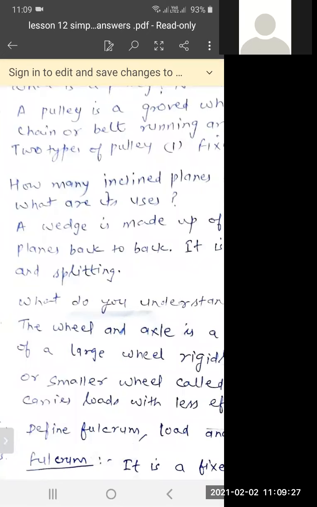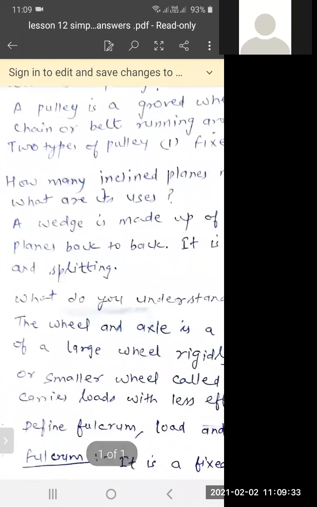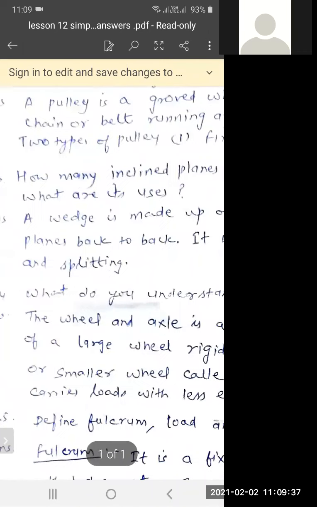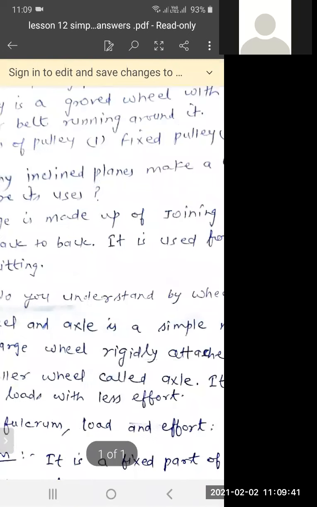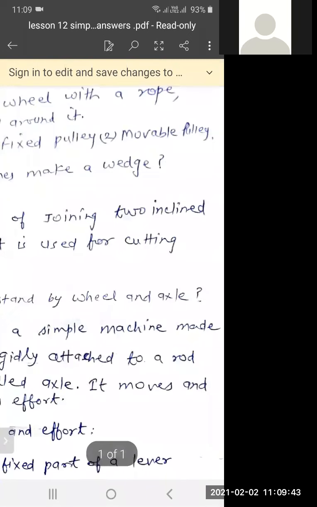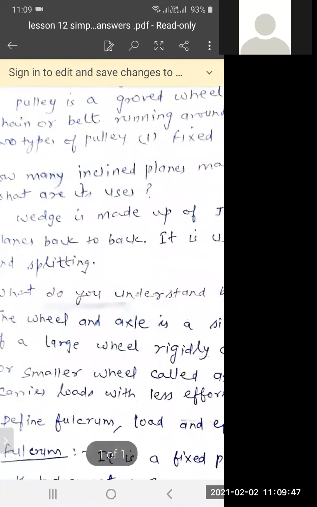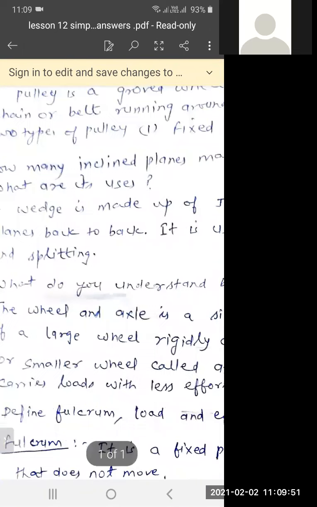Now, students, answer for this is, a wedge is made up of joining two inclined planes back to back. Full stop.